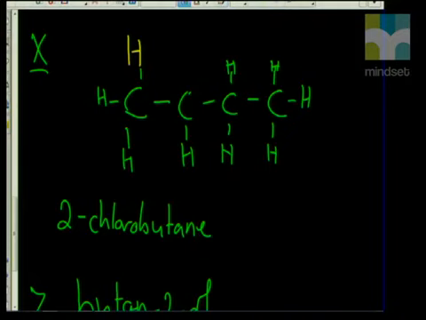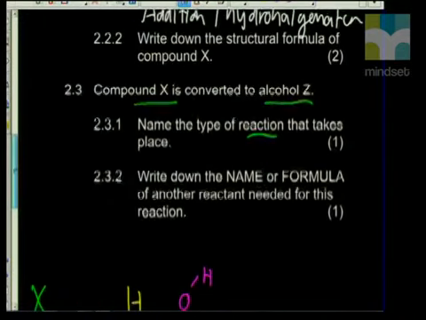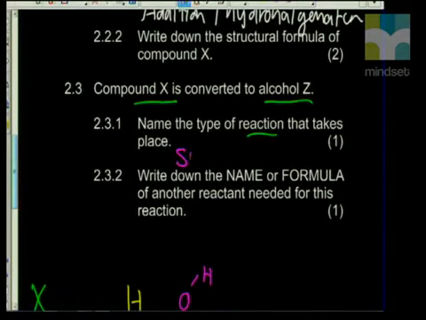Don't call it hydroxide. Hydroxide is for acids and bases, and in organic chemistry we call it hydroxyl because it's bonded to the carbon. The hydroxide is an ion with a negative charge, so please get that terminology right. So there's your alcohol now. What's happened? The one has taken the place of the other. So the answer to our question, name the type, is substitution.